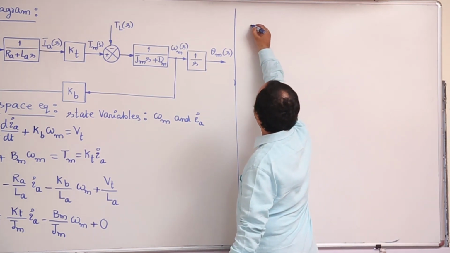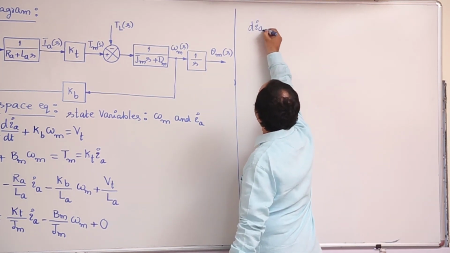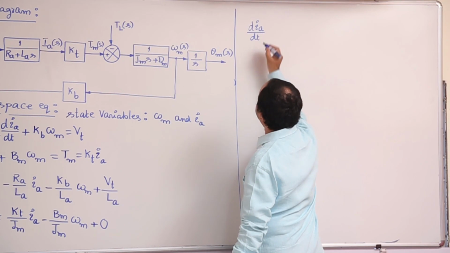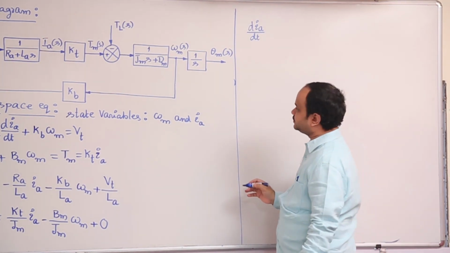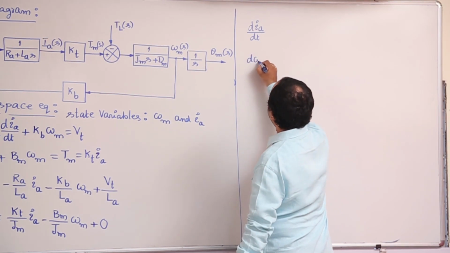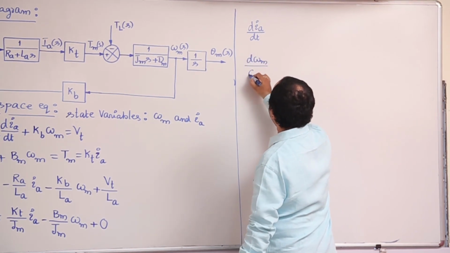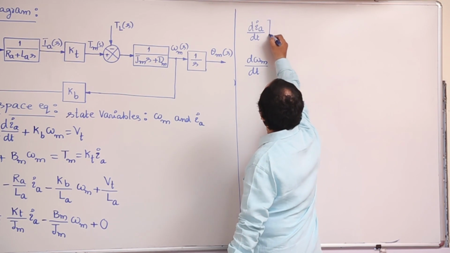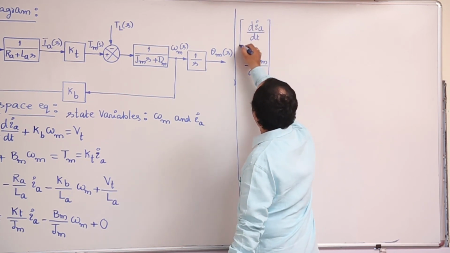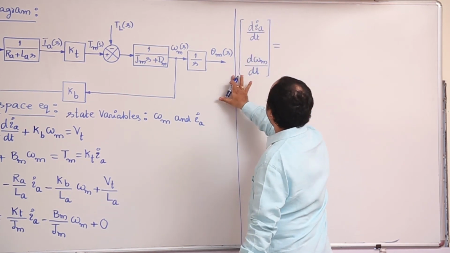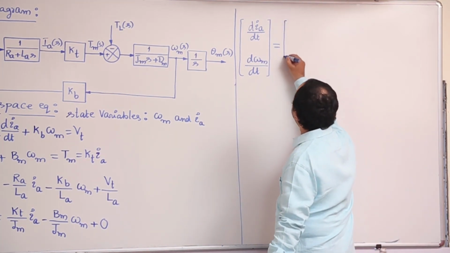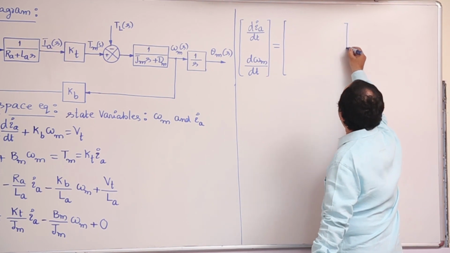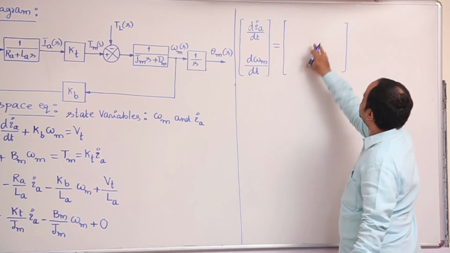So here dia by dt, or you can also write ia dot, the first derivative, and d omega m by dt. Now I can put it in vector form, equal to the state matrix.